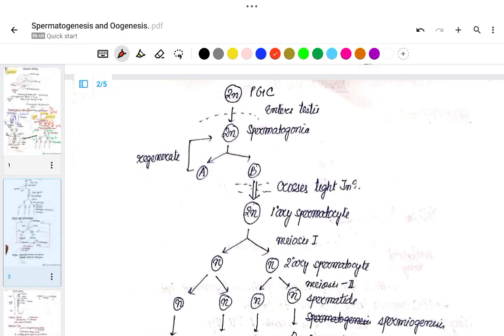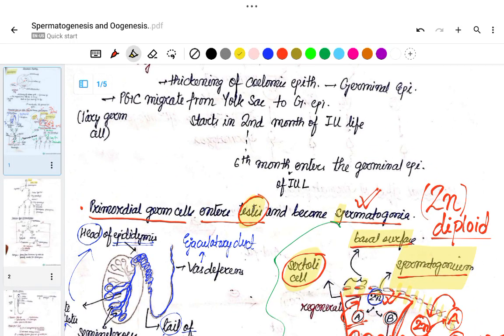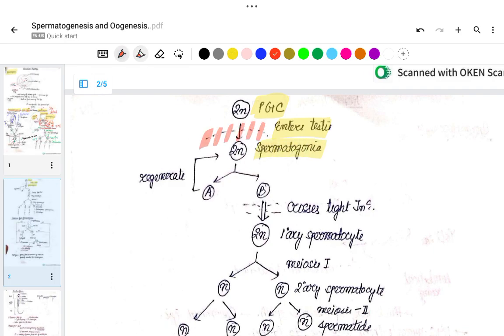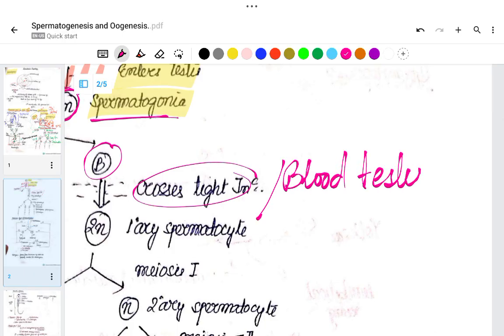Then we come to here. This is the flow chart representing this entire phenomenon. Primordial germ cells enter the testis and become spermatogonia. They enter the lining of the testis. Then this spermatogonia regenerates into A, and B crosses the tight junction, or the blood testis barrier.